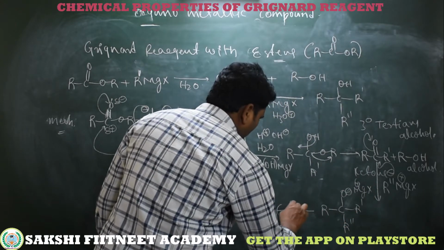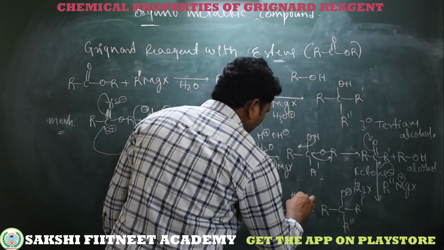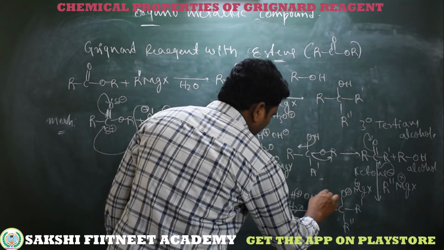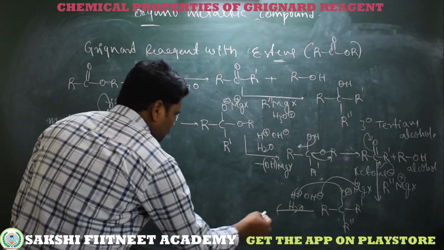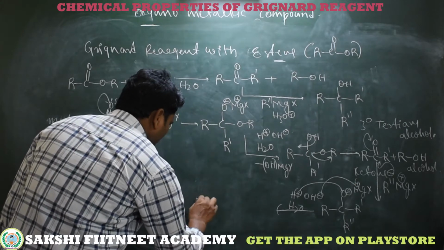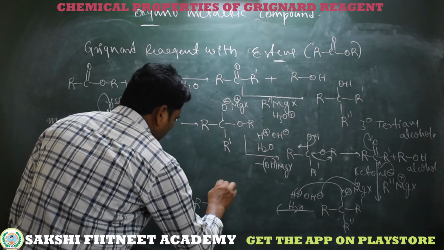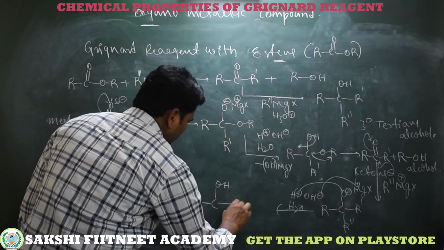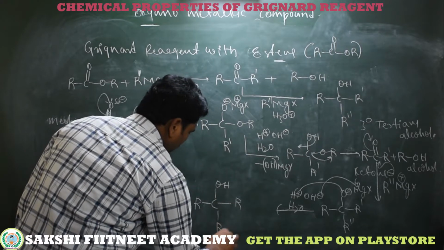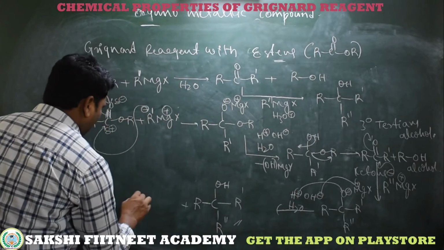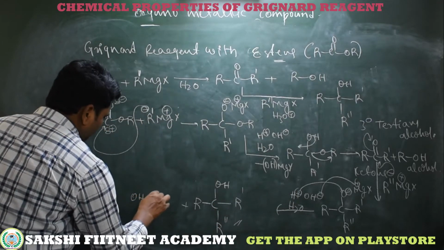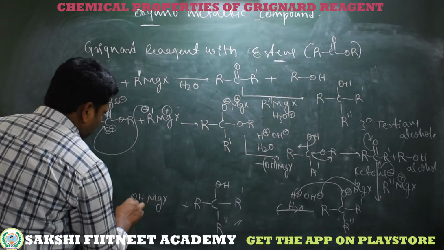Now we do a hydrolysis, that is H plus OH minus: H plus towards O minus, OH minus towards MgX plus. Finally we get R C OH and here R prime, R double prime. Along with that we get a byproduct OH MgX.